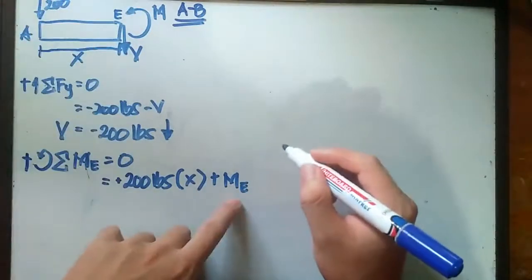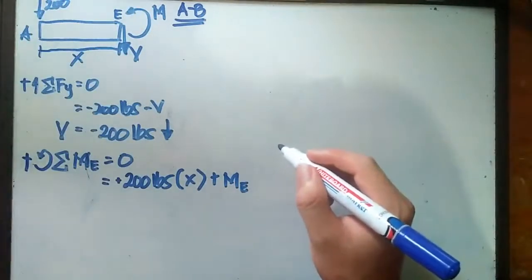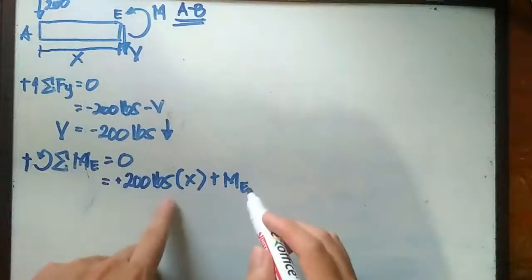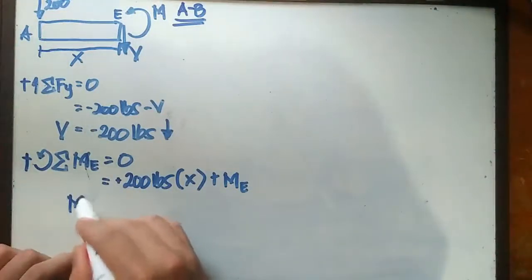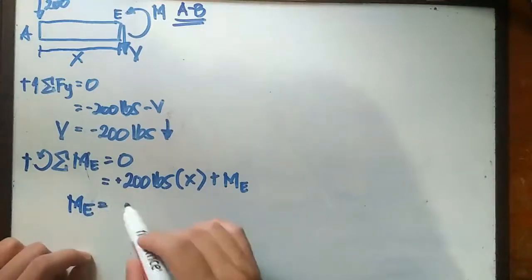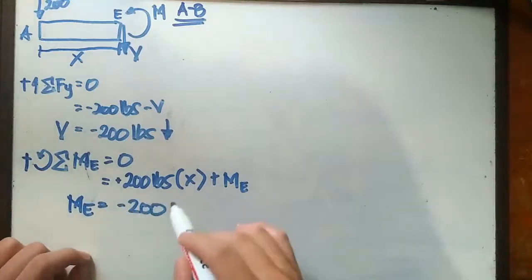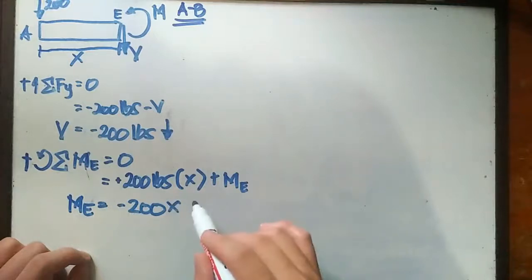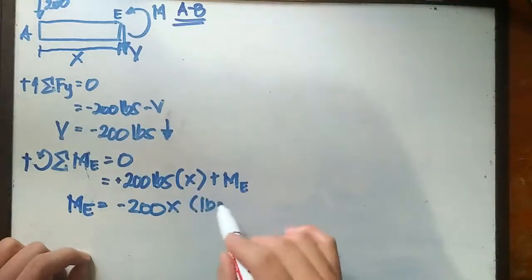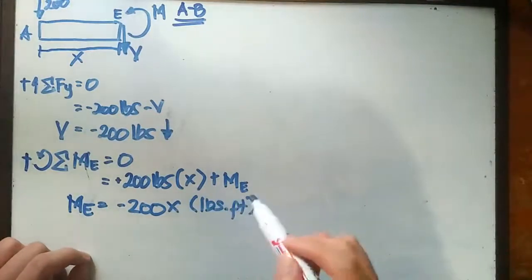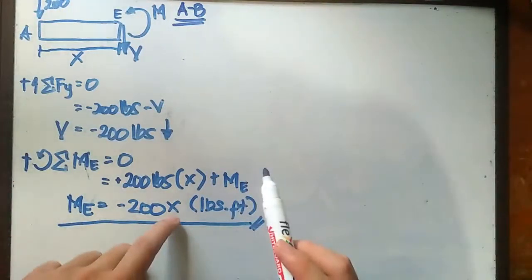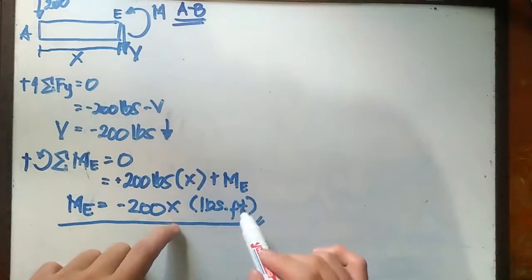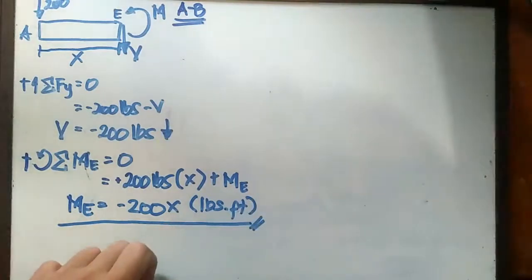So solving for M sub E, so that should be simply transposing this 200 pounds X to the other side. So M sub E is equals to negative 200 X, and then the unit pounds, then foot, because the unit of this X is simply in feet. So we're going to continue this in the part 2 of this discussion.